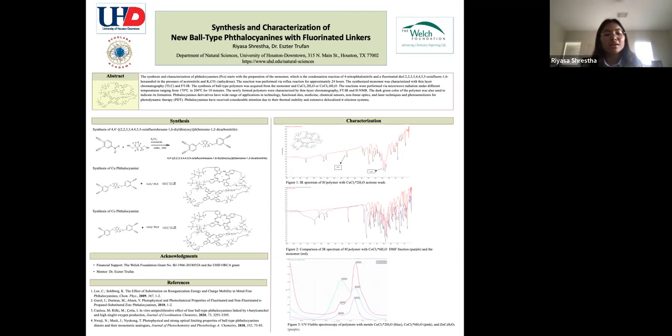It does get frustrating because you have to repeat the experiments over and over again since I'm purifying my compounds. If I don't see the results, I do get dejected and upset, but I guess the more you do it, the more you get used to it. It just takes time for you to get the results.